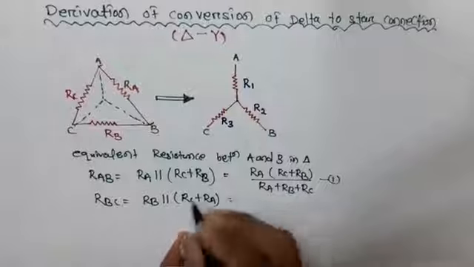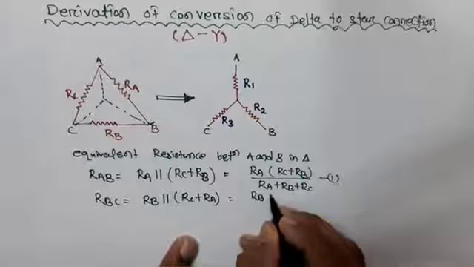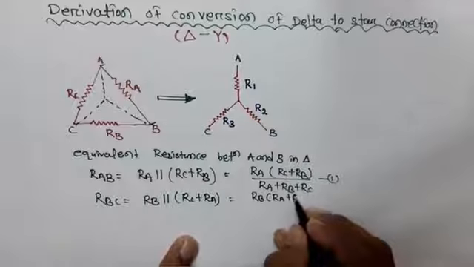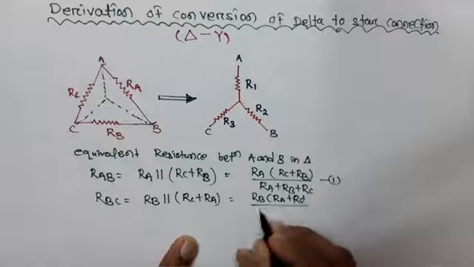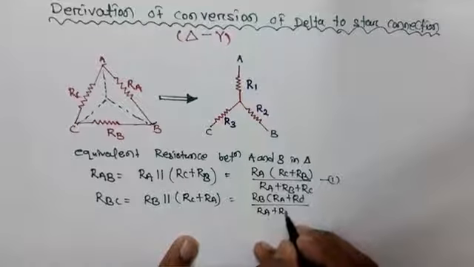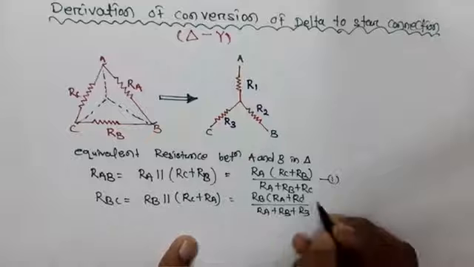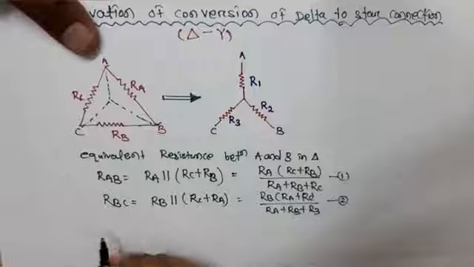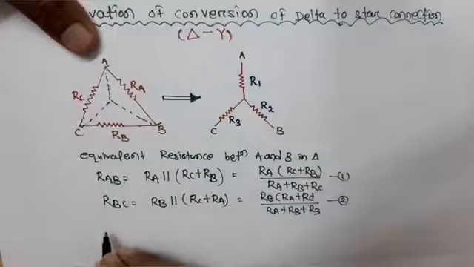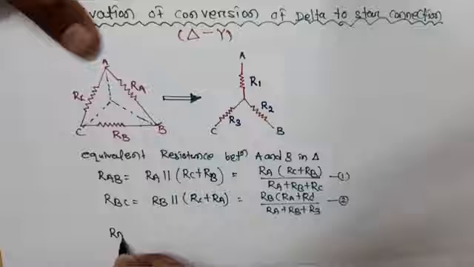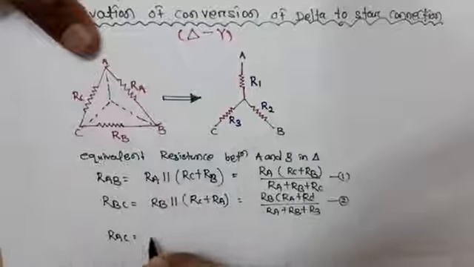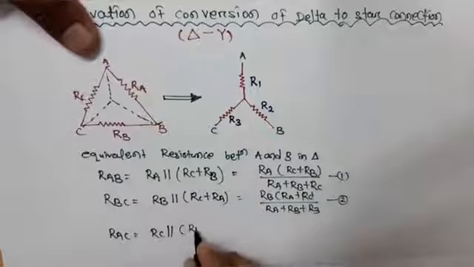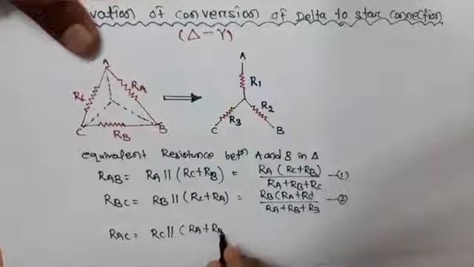And this is also RB into RA plus RC, divided by RA plus RB plus RC. This is the second equation. And in the third case, RAC is RC parallel with this series, RA plus RB.